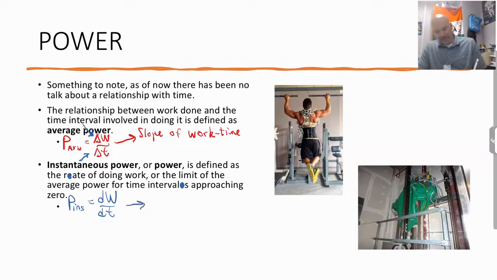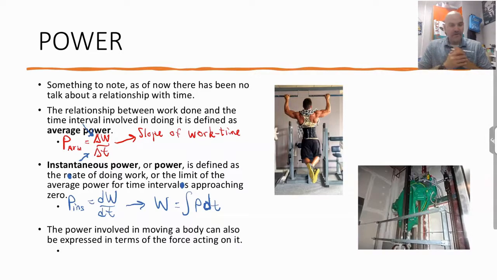But we can also redefine work by saying it's the integral of power dt. This tells us that work is the area under a power versus time graph, if that ever pops up on the test. We can also rewrite this equation: work being force times distance, if I substitute this in, you end up with a delta x over delta t, which is simply velocity.